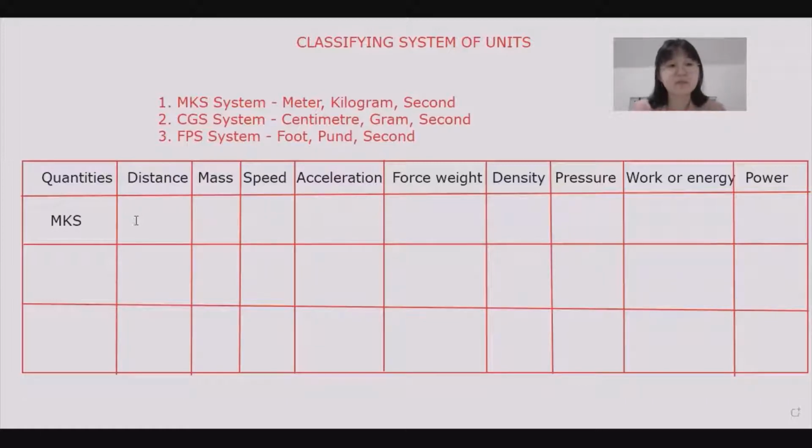In the MKS system, distance is meter, and the mass is kilogram. Speed is meter per second. Acceleration will be meter per second square.